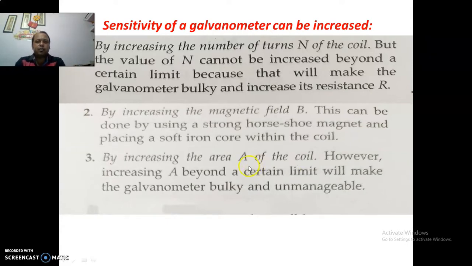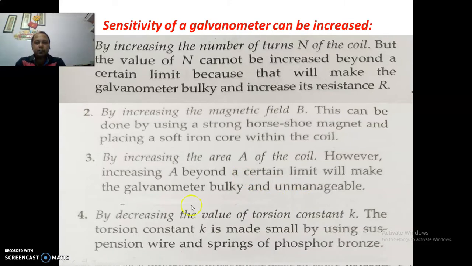If we increase the area, the sensitivity will increase, because the sensitivity is NBA upon K. But the area cannot be increased after a certain limit, because if we go on increasing the area, the galvanometer will become bulky and unmanageable. And lastly, we need to decrease the K in NBA divided by K.